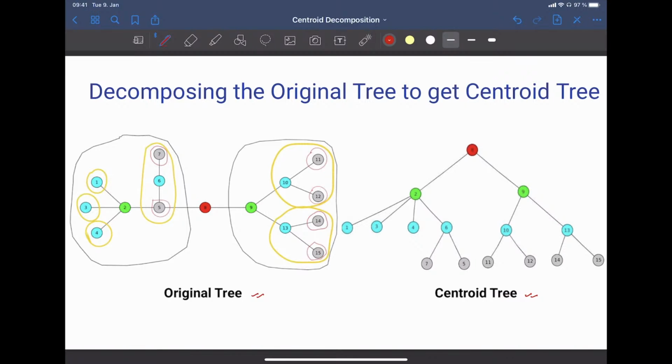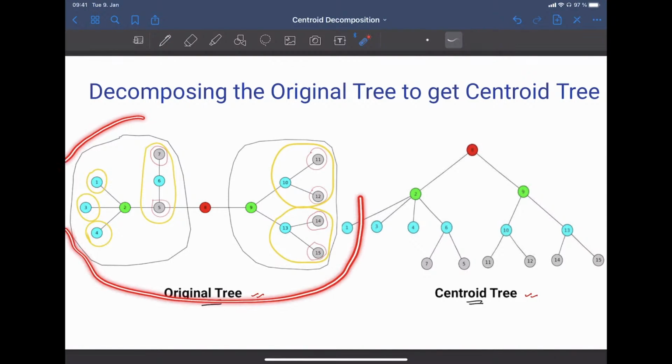Okay. So coming back to our decomposition, given the original tree, if you call the decompose function on this original tree, this is the centroid tree that you get. If we quickly look at what is happening, you first call decompose on the whole tree. For the whole tree, we find the centroid of the whole tree.